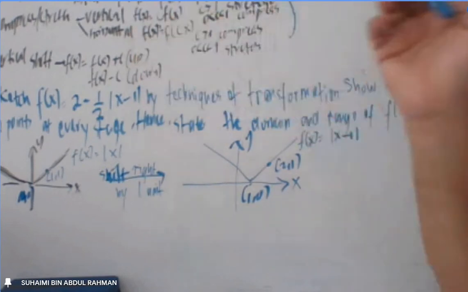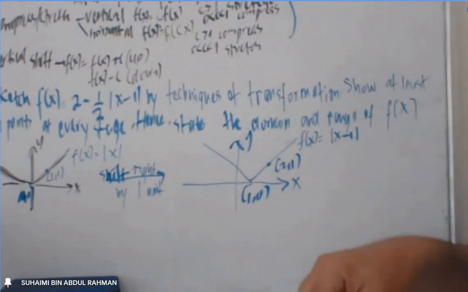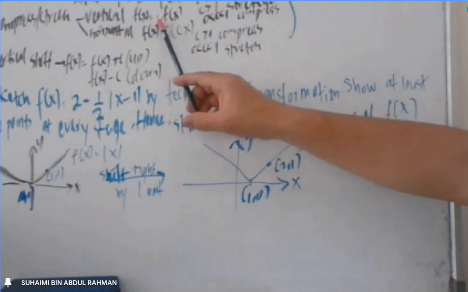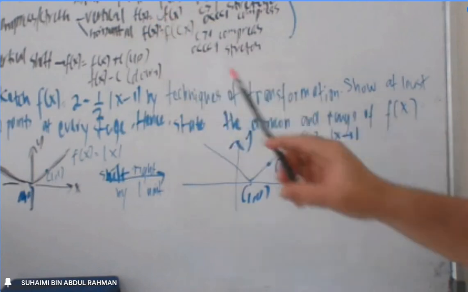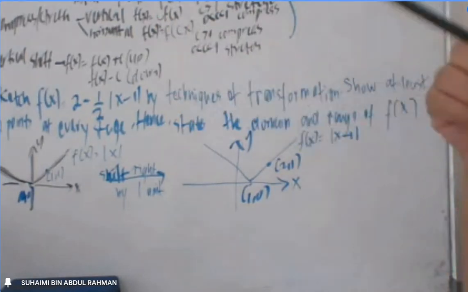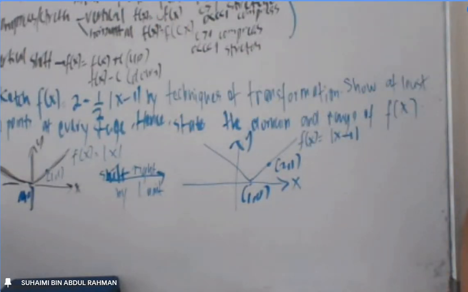Understand? If C is 1 over 2, you multiply our function by 1 over 2. It's going to be this. Can you see?